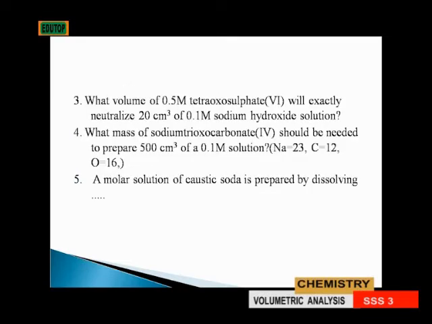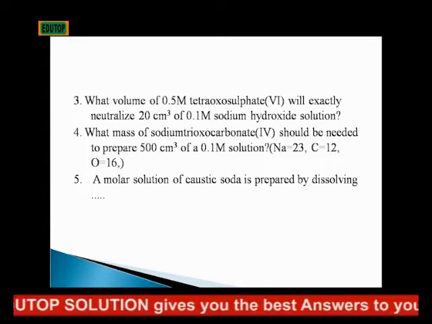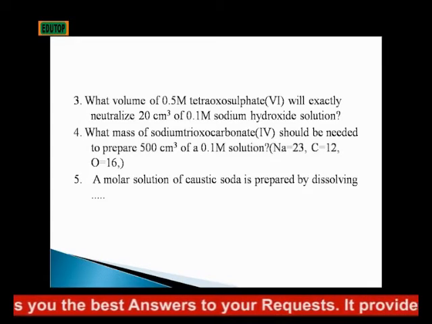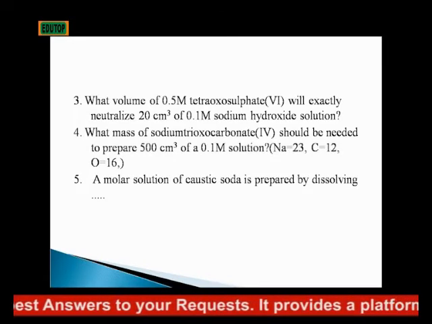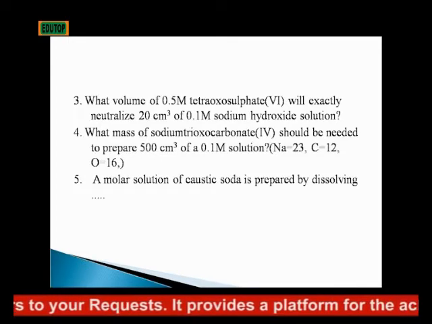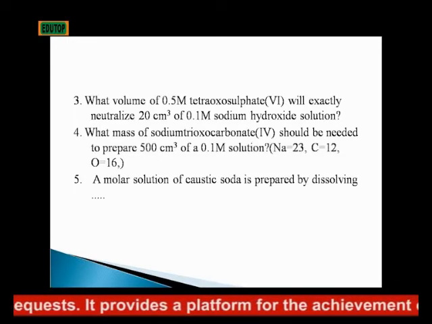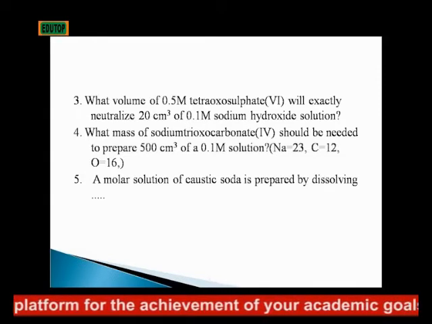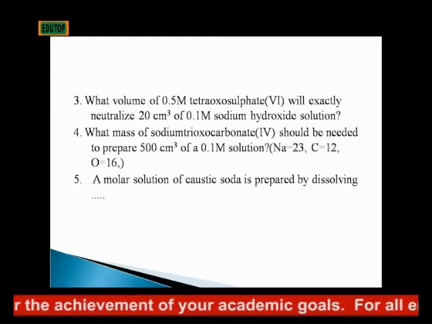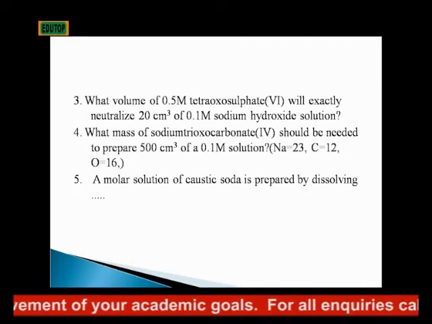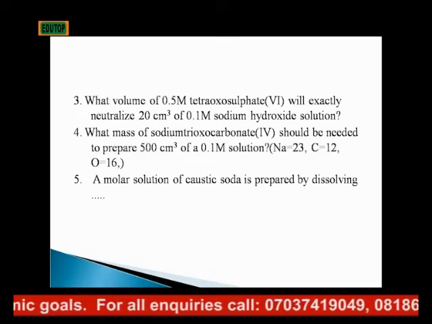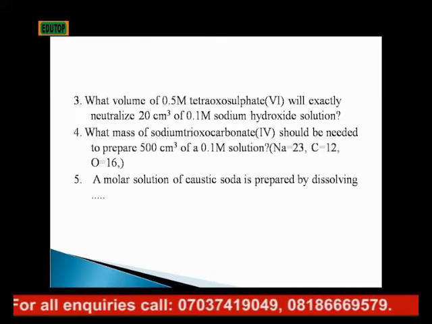Question number 3, what volume of 0.5 molar tetraoxosulfate 6 will exactly neutralize 20 cm cube of 0.1 molar sodium hydroxide solution? Question number 4, what mass of sodium trioxocarbonate 4 should be needed to prepare 500 cm cube of a 0.1 molar solution? Question number 5, a molar solution of caustic soda is prepared by dissolving.